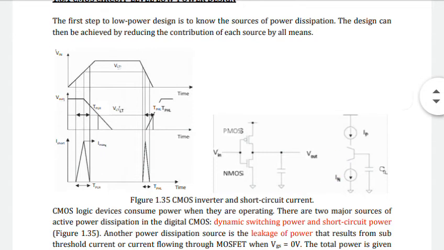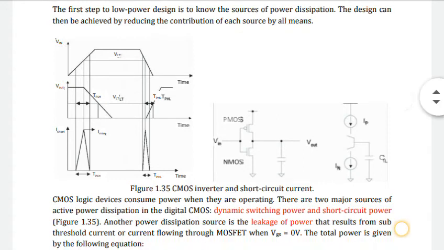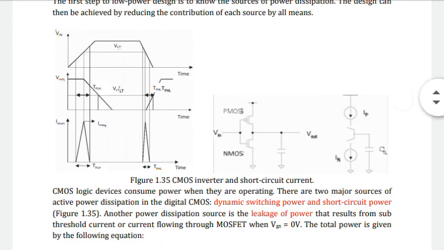This figure shows a CMOS inverter and the short circuit current. CMOS logic devices consume power when they are in the operating mode. There are two major sources of active power dissipation in digital CMOS: dynamic switching power and short circuit power.